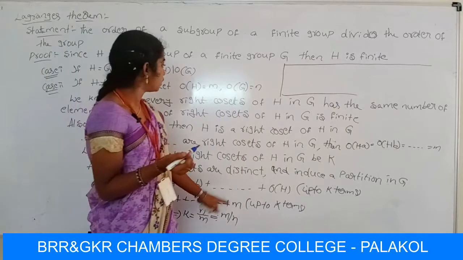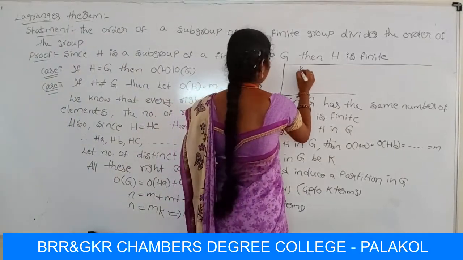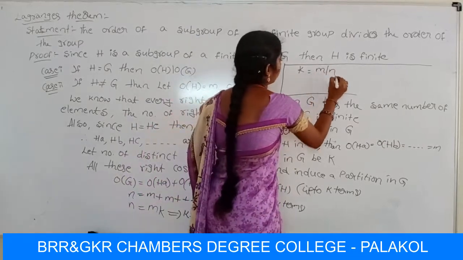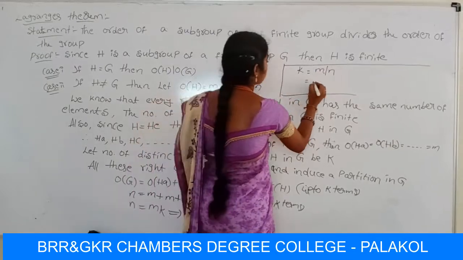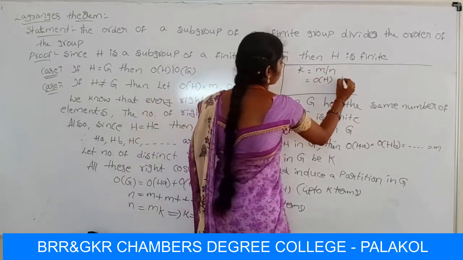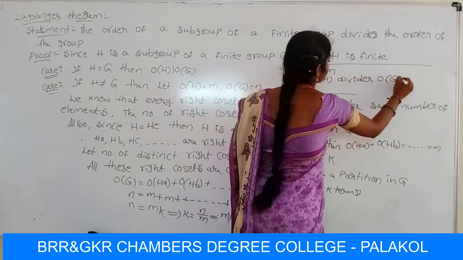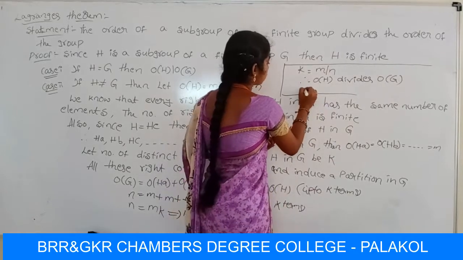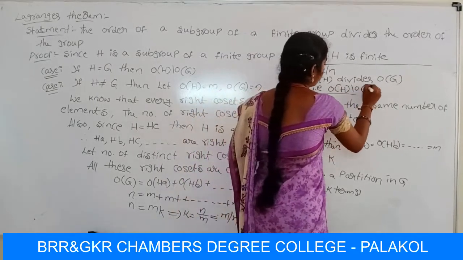Already you know that m means the order of H. So m divides n means the order of H divides the order of Z.